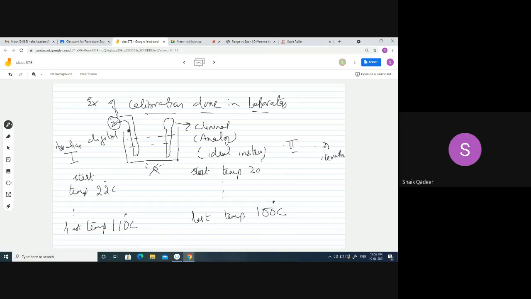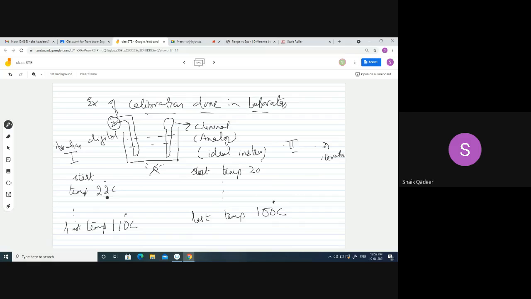Here the error is 22 minus 20, which is plus 2 degrees, and at the final value 110 minus 100, which is plus 10 degrees. That much error we can add at the last. That is a different story, but the procedure for calibration is this.